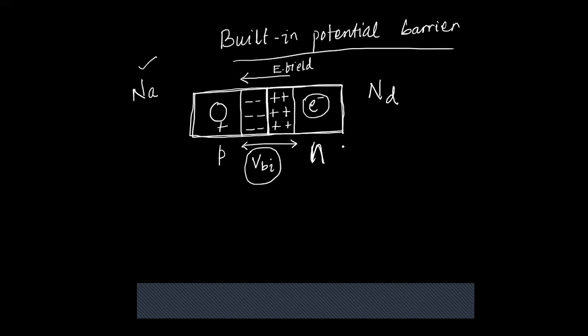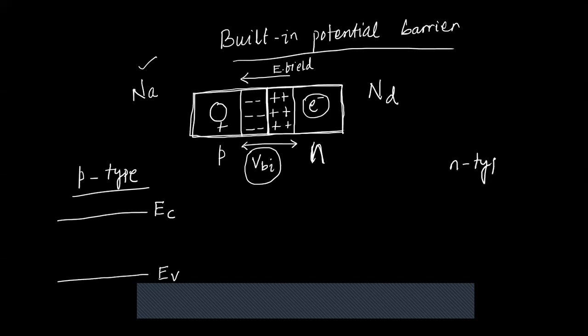Now in terms of the energy band diagram, if I try to represent this p region and n region, let us draw the energy band diagram for the p type semiconductor. Simply, we know this is your conduction band. Suppose you have taken silicon, germanium, whatever. So conduction band and valence band. In the same way you can write it for n type.